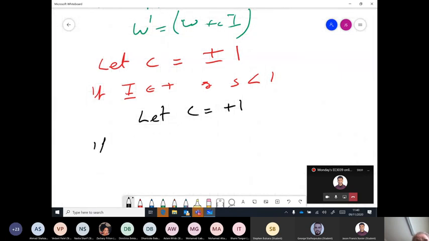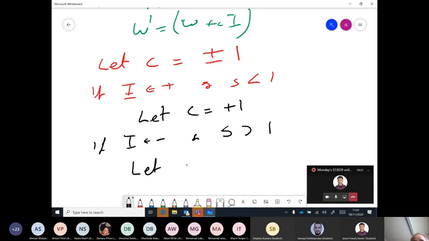If I belongs to the negative class and S is positive, we want to make the scalar product less positive.